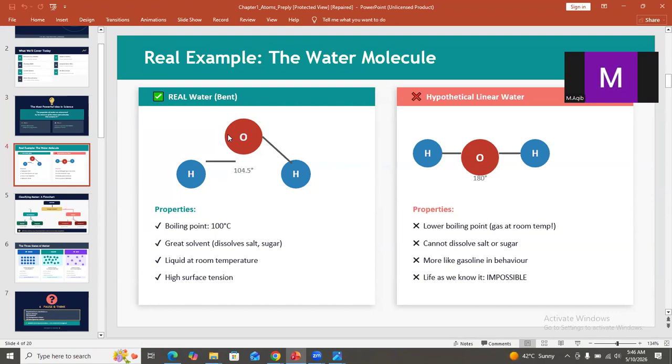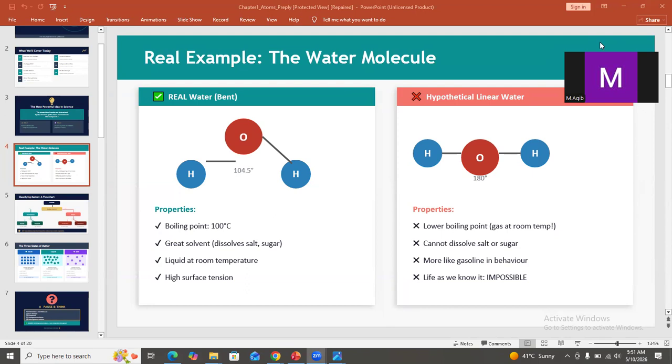So this is another example of how each and every aspect of the arrangement is so important in determining the properties.